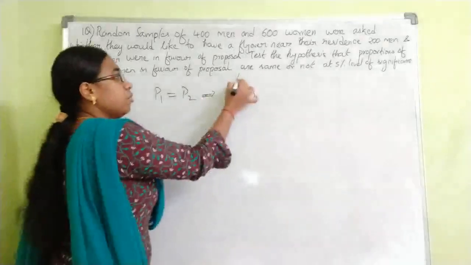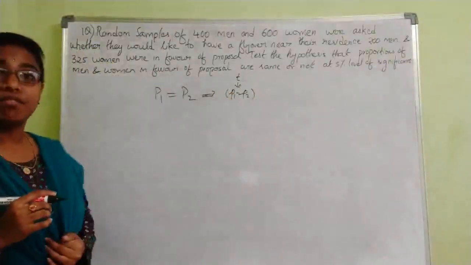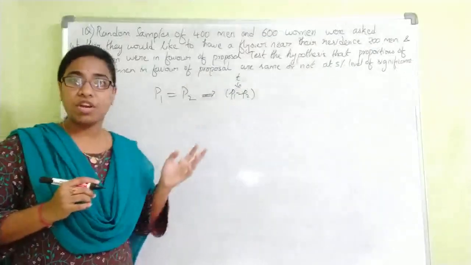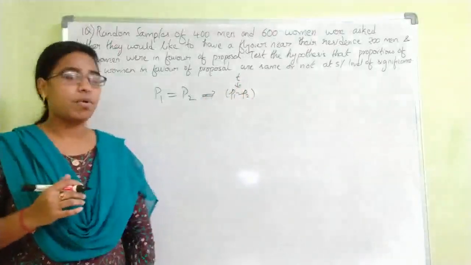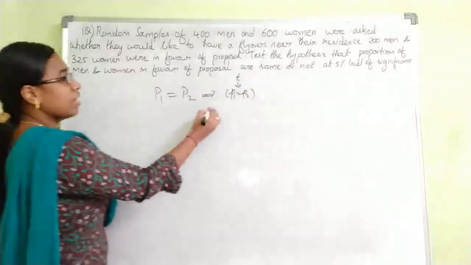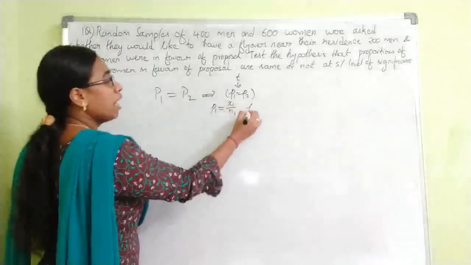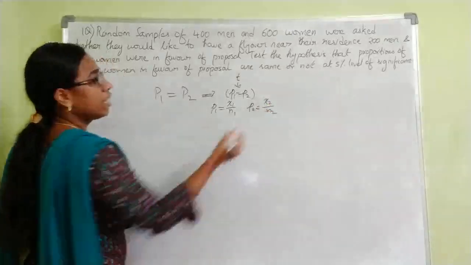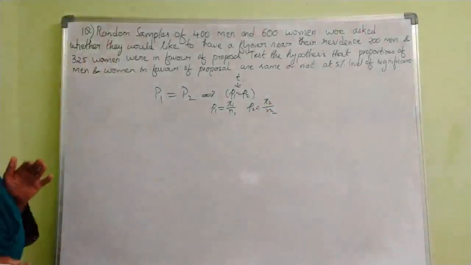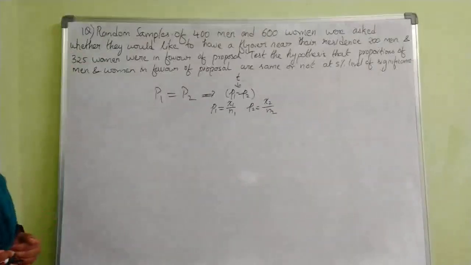So the statistic is the difference in the proportions, where p1 is the proportion of the first sample, that is x1 by n1, and p2 is the proportion of the second sample, that is x2 by n2, where x1 and x2 are the number of successes in sample 1 and sample 2, and n1 and n2 are the sample sizes respectively.